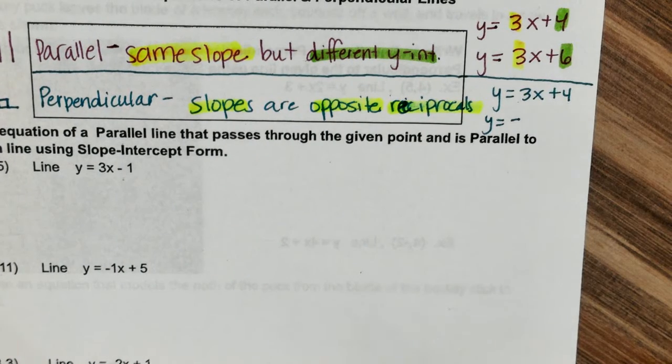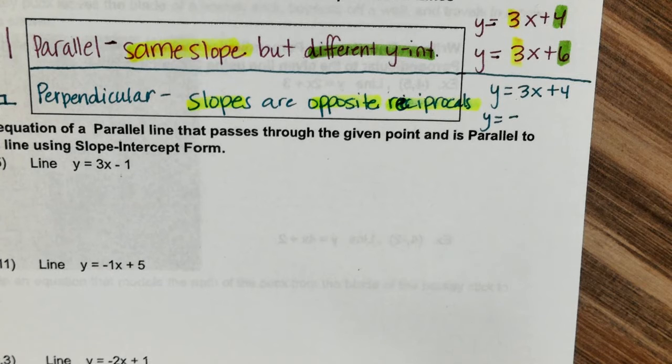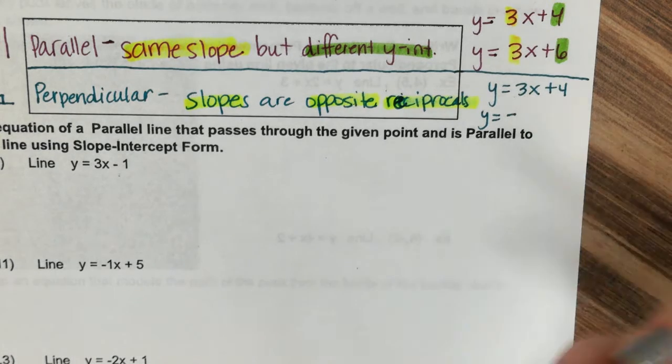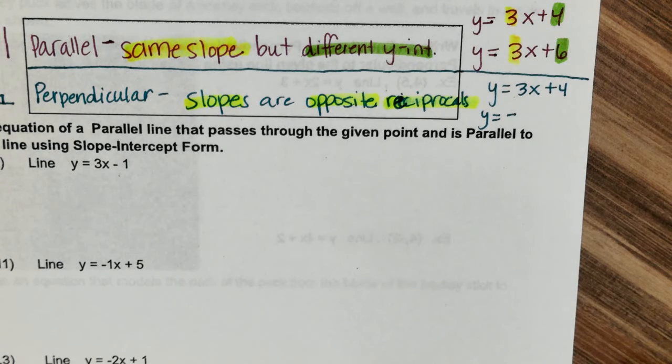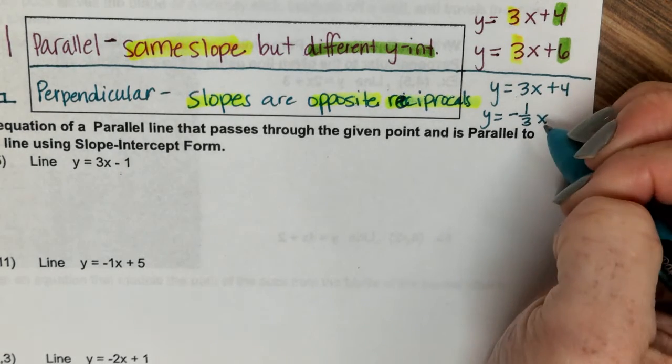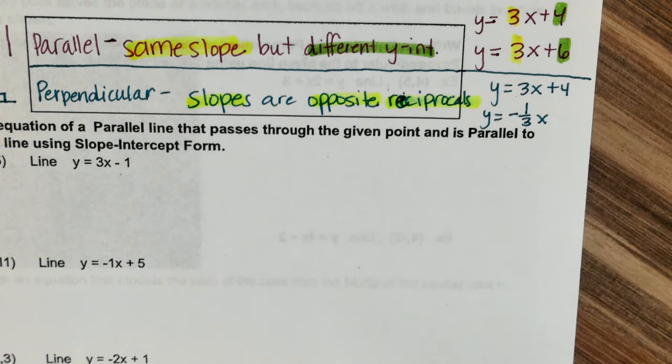Then it's a reciprocal. What's a reciprocal? Where you take a number and you flip it. So this is 3. If I have a numerator over denominator, isn't that 3 over 1? So if I flip it, what is it? 1 over 3.